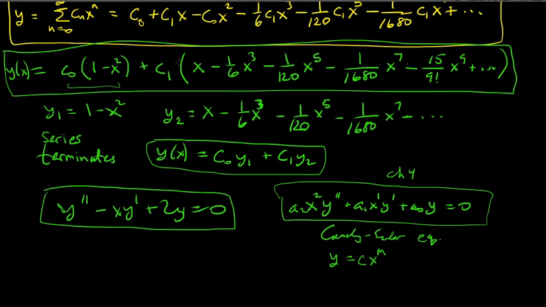So it's going to be a series that has only one non-zero c, or maybe two non-zero c's. So it might be c1 x to the 2 plus c2 x to the 5. All the other c's, for x to the 0, x to the 1, x to the 3, x to the 4, x to the 6, x to the 7, will end up being 0. So of course the series terminates and you just get a two-term polynomial.